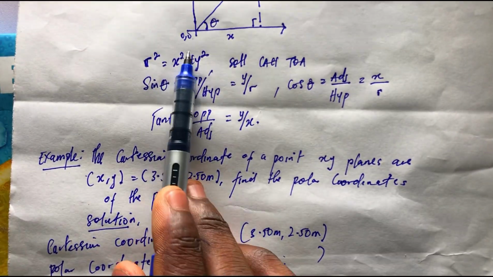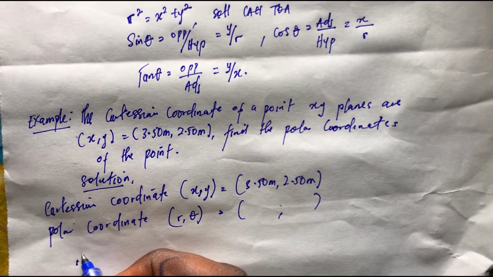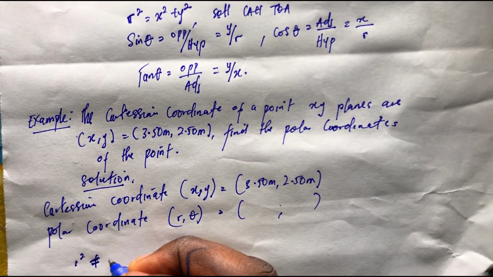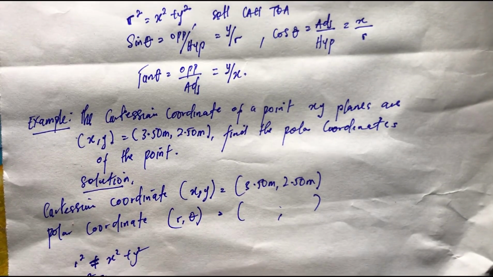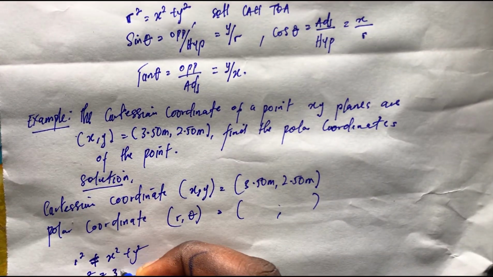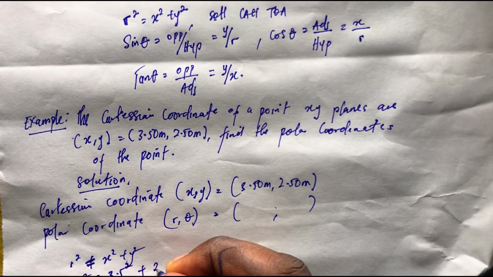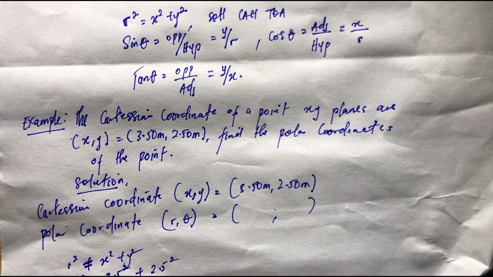Now remember that we have this formula. We can apply it by saying r squared is equal to x squared plus y squared. What do I have in x squared? This is 3.5 squared plus y squared, which is 2.5 squared.